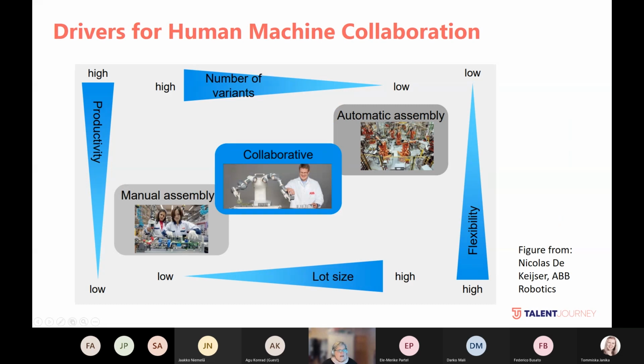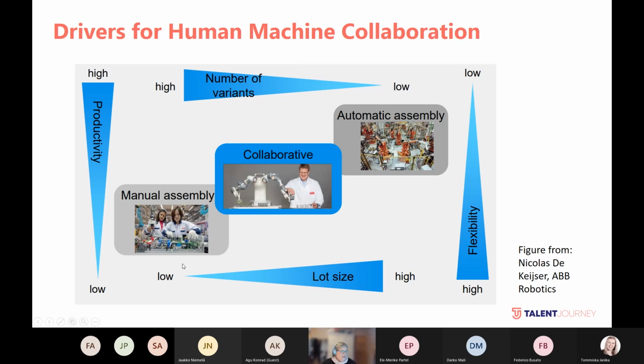Okay, why do we want humans and robots to work together, side by side? This figure here, coming from ABB Robotics, shows alternative production methods and when the use of either is somehow justified. Let's first look at the figure using horizontal variables.